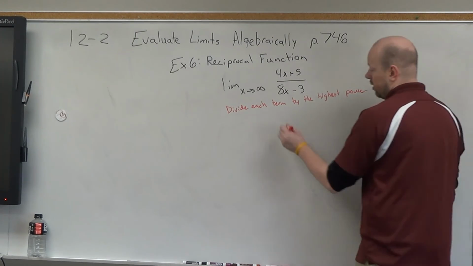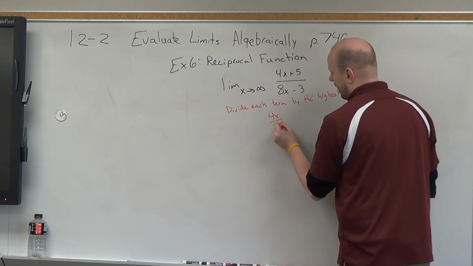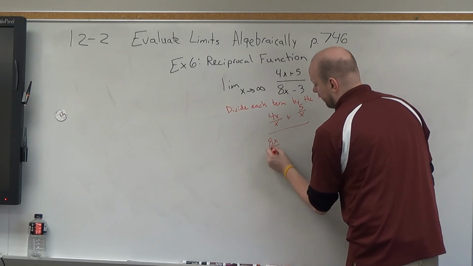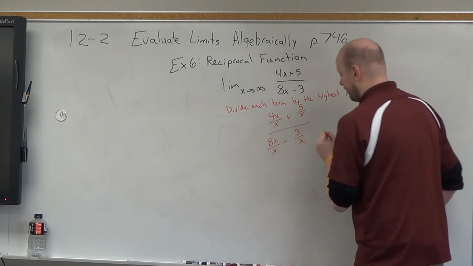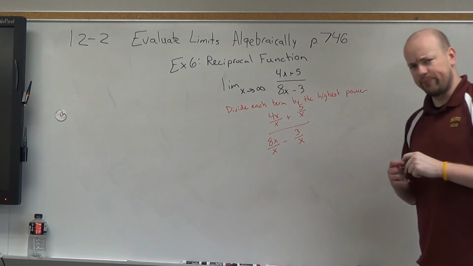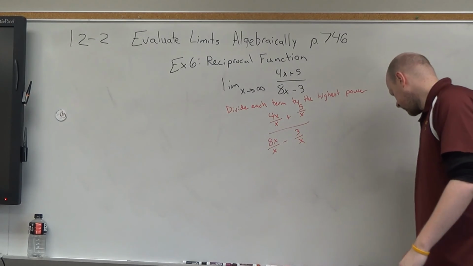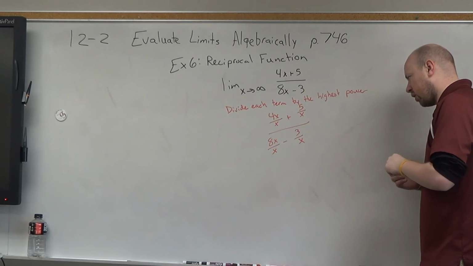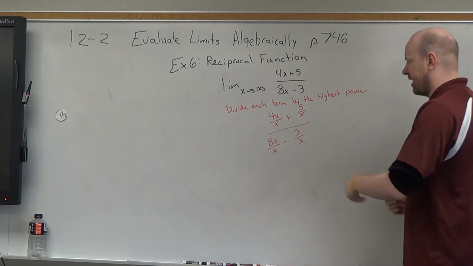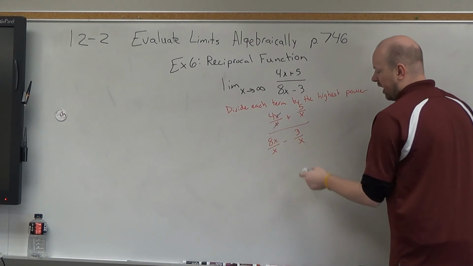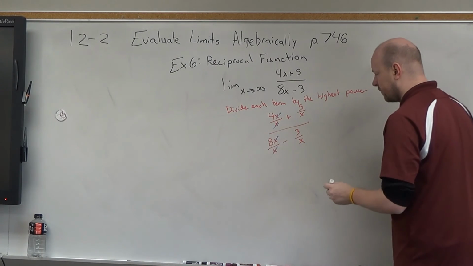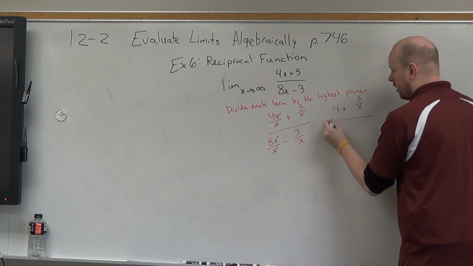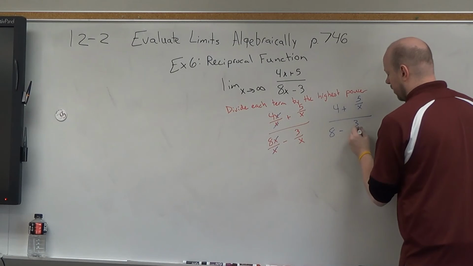So I get 4x divided by x plus 5 over x, all over 8x divided by x minus 3 over x. Now it's going to look really goofy. I know it does, but trust me. Well, if I have 4x over x, I really just have 4. And if I have 8x over x, I really just have 8. So I can write my top as 4 plus 5 over x, all over 8 minus 3 over x.